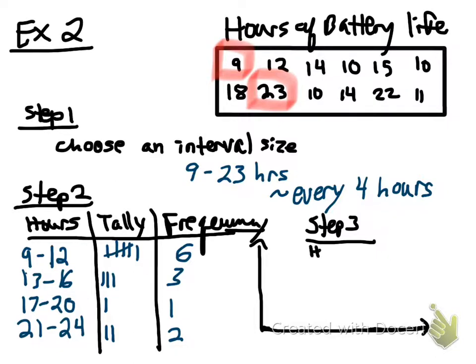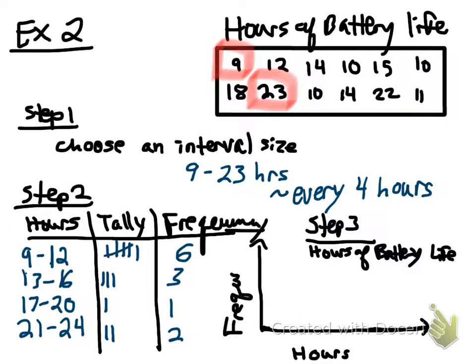This is going to represent the hours of battery life. Let's label our axes. Let's do the hours on the x-axis, how many hours it lasts, and then the frequency on the y-axis.